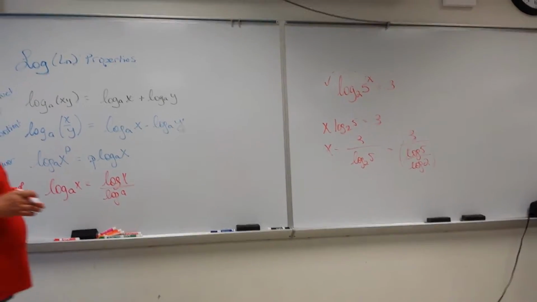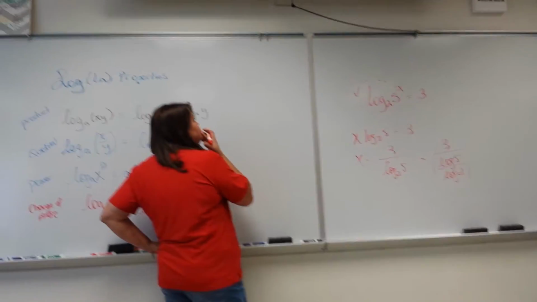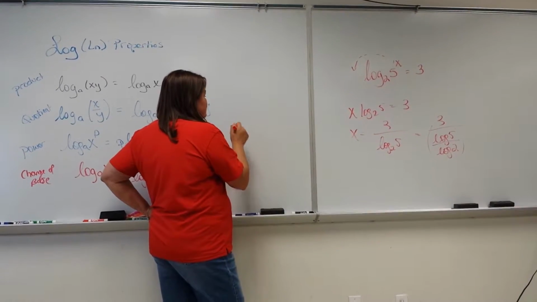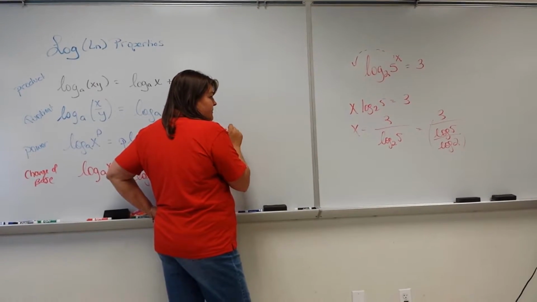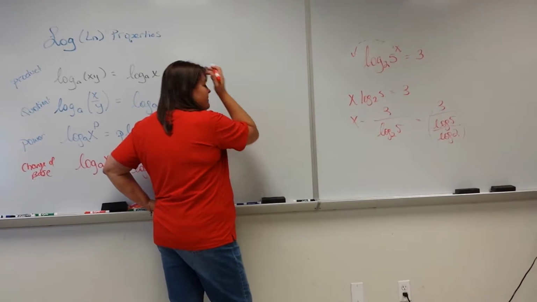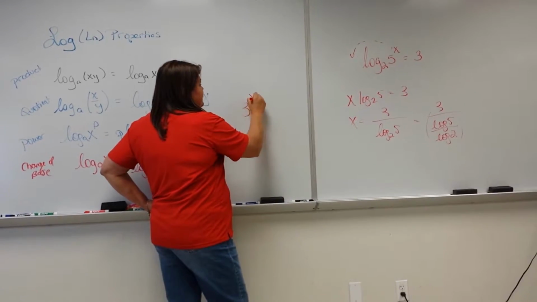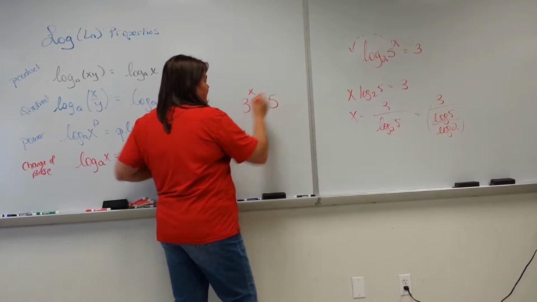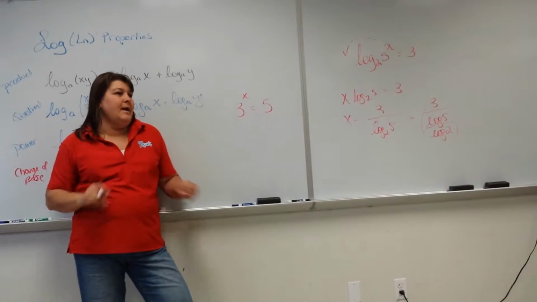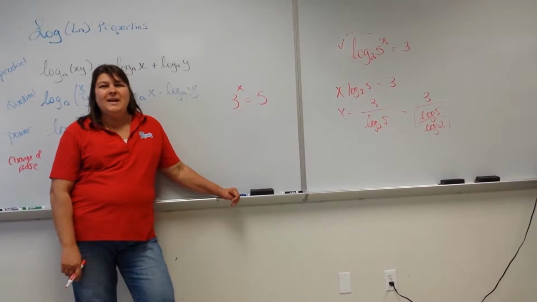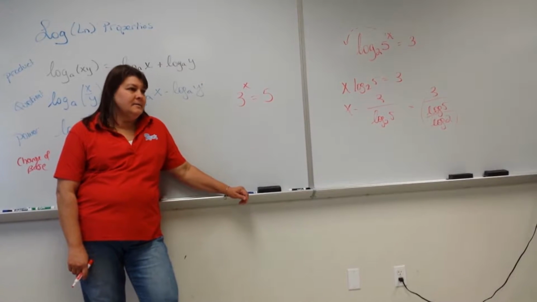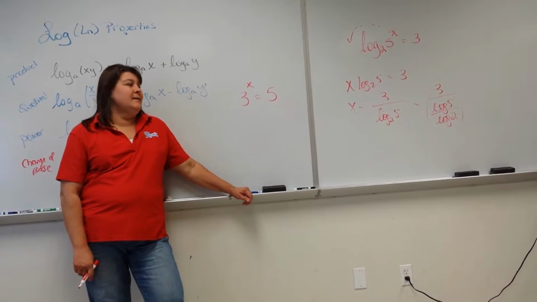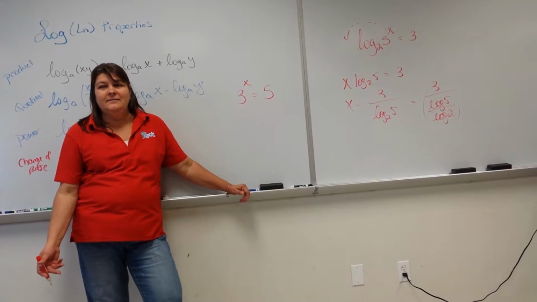Let's say I have 3 to the x is 5. Okay? So if 3 to the x is 5, yuck. Because it's not like 3 to the x is 9, right?